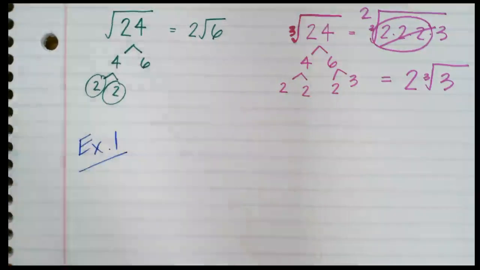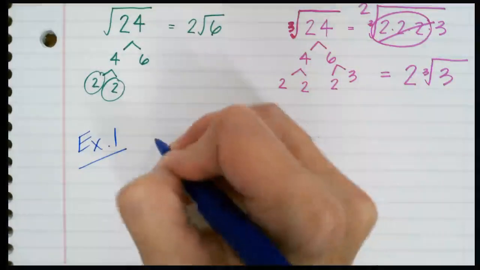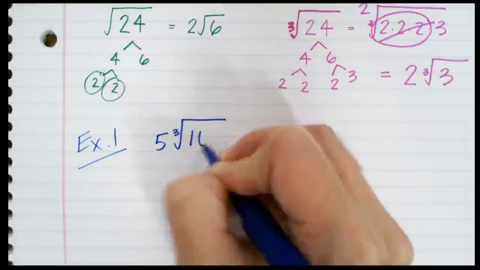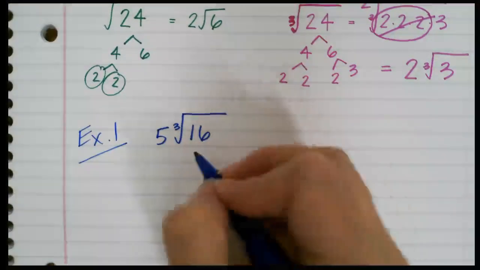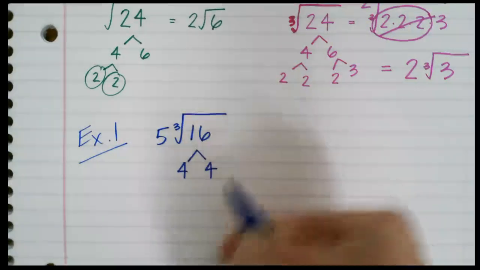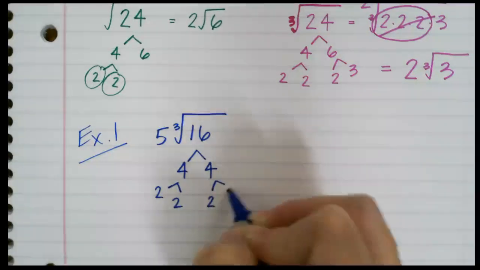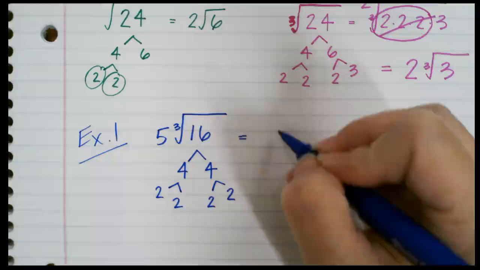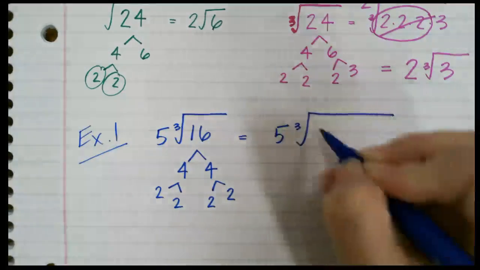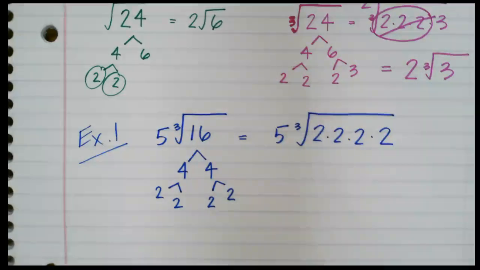For example 1, let's say we had 5 and then the cube root of 16. What we're going to do is break down 16 just like we would, which we could do 4 and 4, and then we can break those into 2s. So we end up with 5, and then 16 is 2 times 2 times 2 times 2.